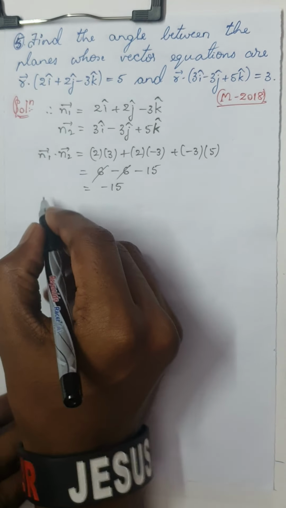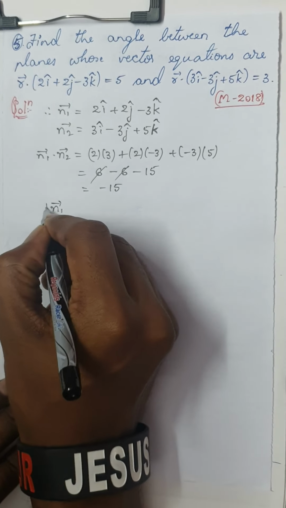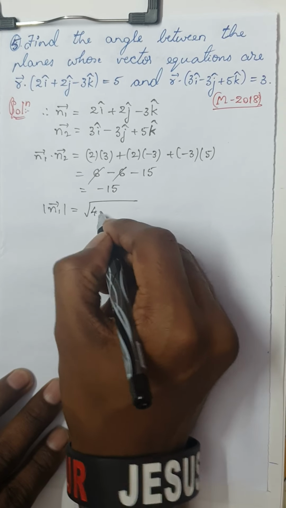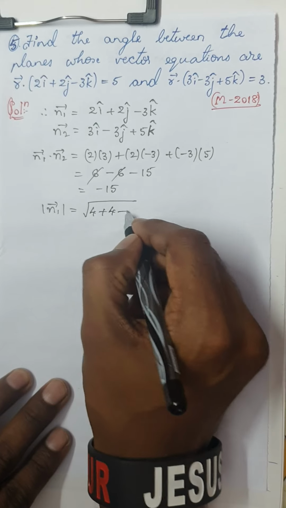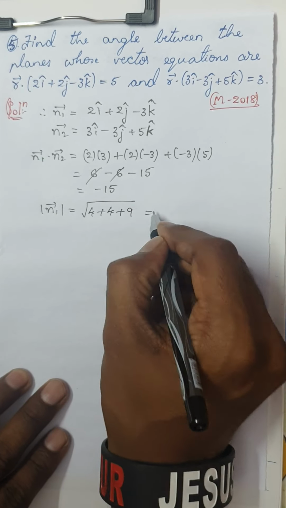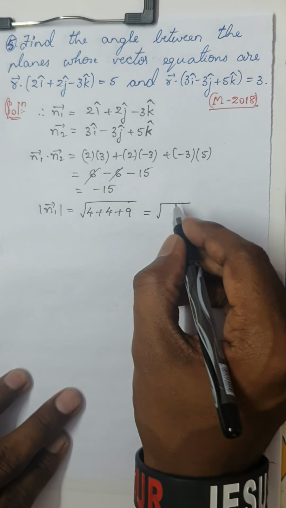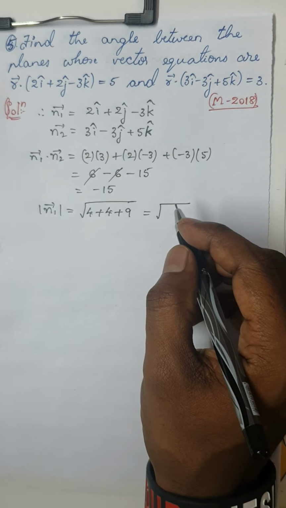Next, let us find the magnitude of n1. So magnitude of n1 is the square root of 2 squared, which is 4, so 2 squared is 4, and minus 3 squared is 9. So this is nothing but root of 4 plus 4 is 8, 8 plus 9 is 17.